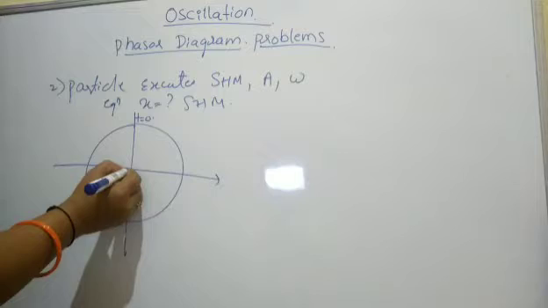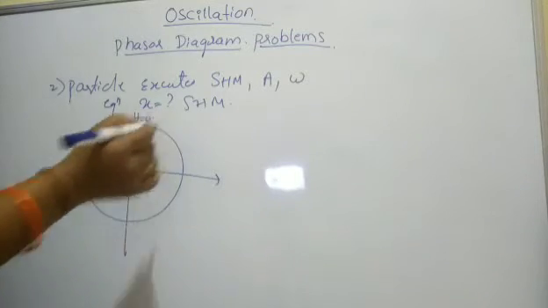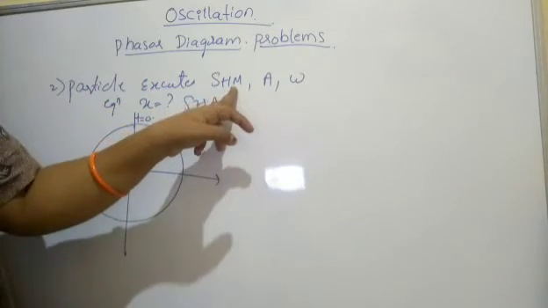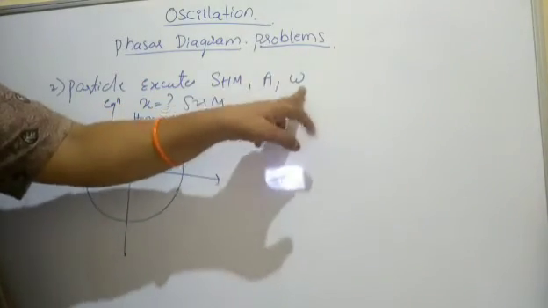When the particle executes the simple harmonic motion, A is the amplitude, omega is the angular frequency.